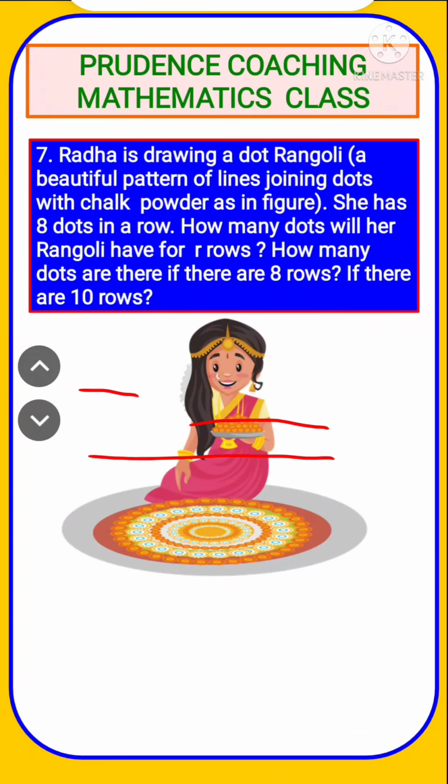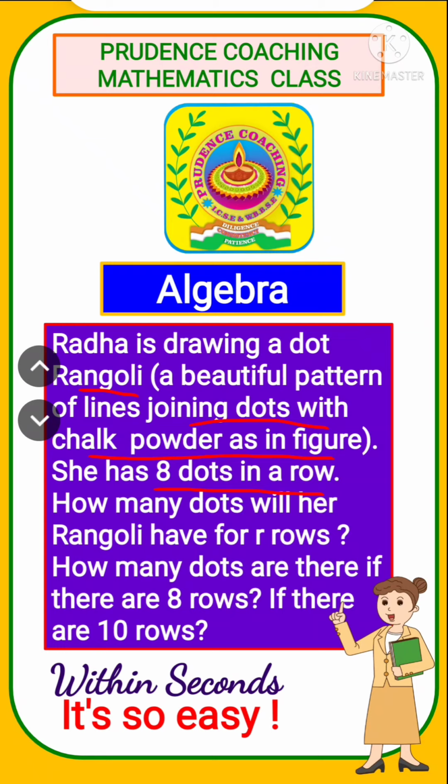So she has 8 dots in a row. Do you know what is the meaning of row? Row means this kind of horizontal lines. These are the rows and these are the columns. So here she is drawing 8 dots in a single row. How many dots will her rangoli have for r rows?